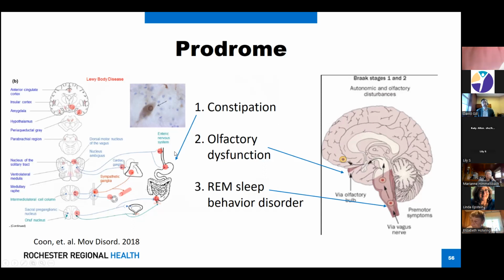And so we realize patients with dementia with Lewy bodies actually start having constipation, poor sense of smell, even before they start acting out their dreams. And so when somebody comes to see us with poor sense of smell and they act out their dreams, that is very suggestive of dementia with Lewy bodies, because these don't happen in Alzheimer's disease. And so asking about those things can be very important. And I'm sure if any of you have loved ones with dementia with Lewy bodies, you'll notice that these things have happened.